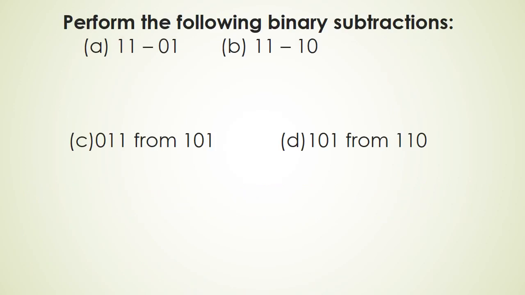For your practice, I am giving 4 questions to you and I will perform one for you. I am doing part C, in which I am subtracting 011 from 101. 1 minus 1 gives me 0.